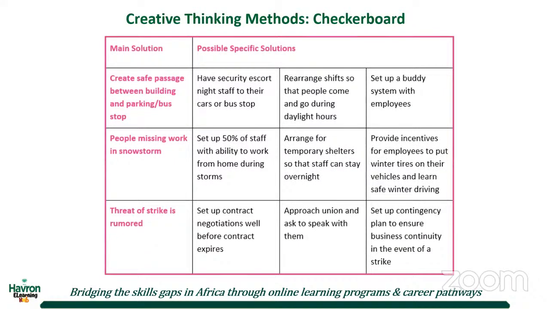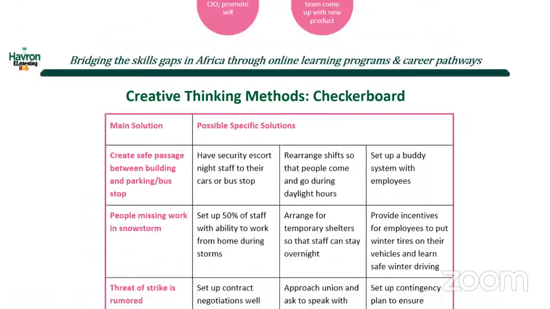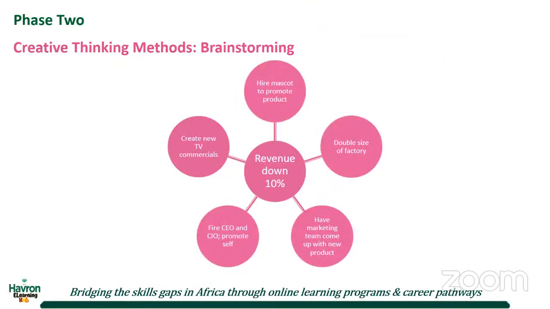You draw a circle in the middle of a page and write down your problem. Then draw lines from the circle and write down some solutions. You do not have to worry if your solutions seem wacky or impossible or even silly. This is a creative thinking time. It's not critical thinking, but capturing the range of ideas is what is important here.